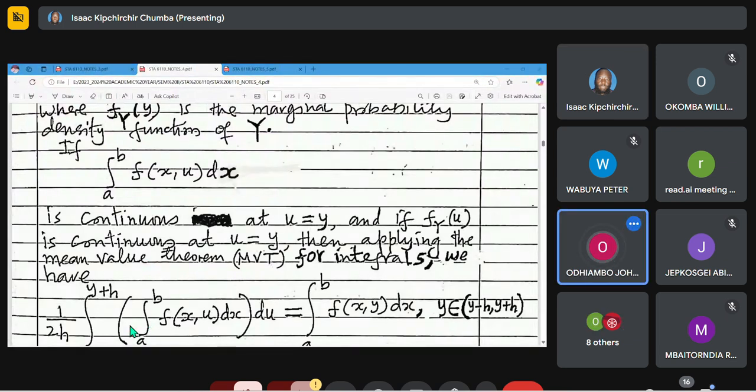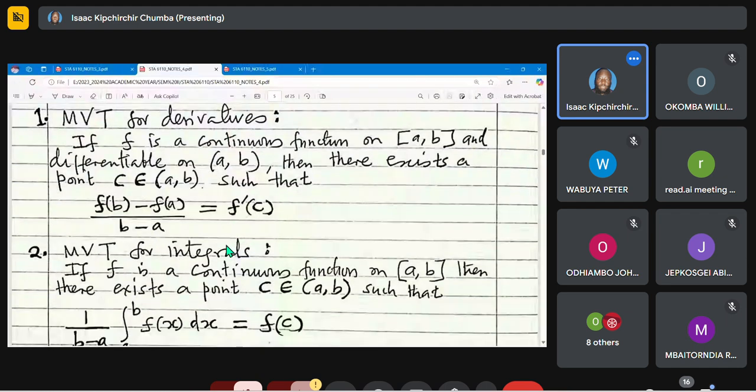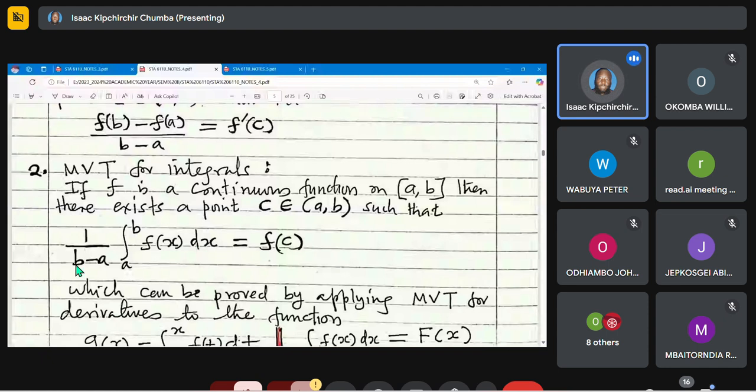Prof, why is it 2h and not h, 1 over h? Let me take you back. What is b minus a here? In the mean value theorem for integrals, what is b minus a?